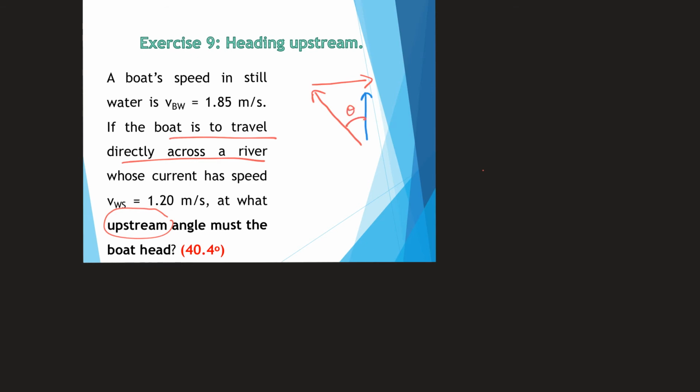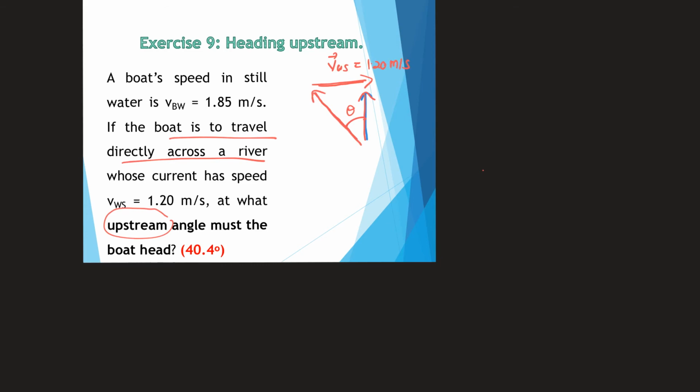So you make some action, moving towards the northeast. When the river current pushes you to the east, you are going to move directly to the north. The river current here is going to be VWS, which is water relative to shore, 1.2 meters per second.